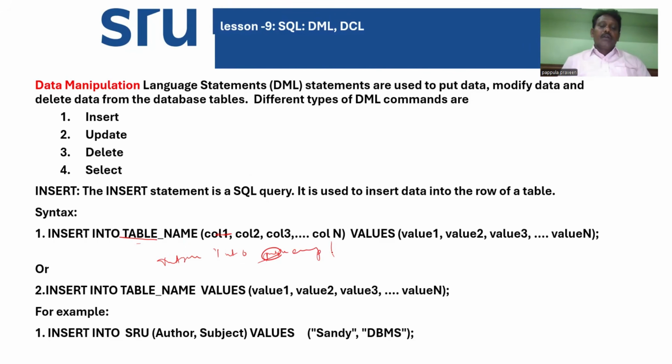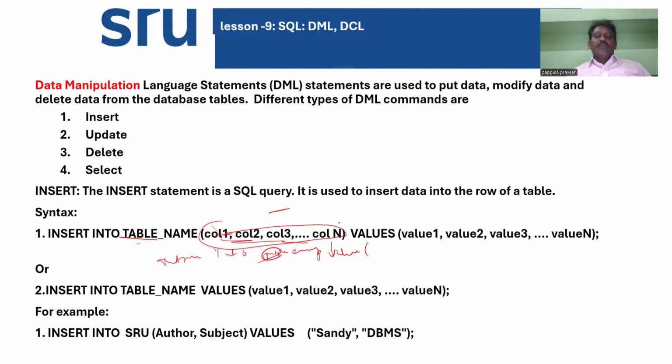Employee, right? If you want to store all the attributes directly, we can use store value. If you want to store some attributes in the table, that is also acceptable. Then we have to specify those attributes before the values. Here we have to specify the columns or attributes. Otherwise, if you want to insert all attributes, there is no need of this.